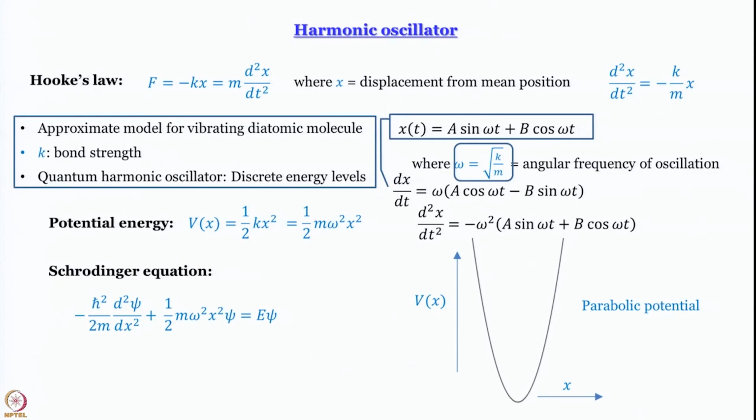Now, it might be worthwhile to say here that usually we do not work with m, we work with the reduced mass, because it is a two body problem. When we talk about an oscillator, let us say diatomic molecule HCl, there are two atoms moving with respect to each other, and it is difficult to formulate the problem that way. So, we reduce it, and instead of m we write mu, the reduced mass, and that is what we work with.